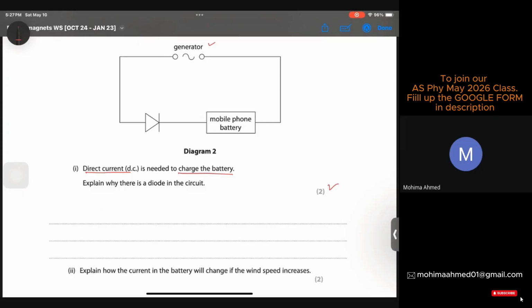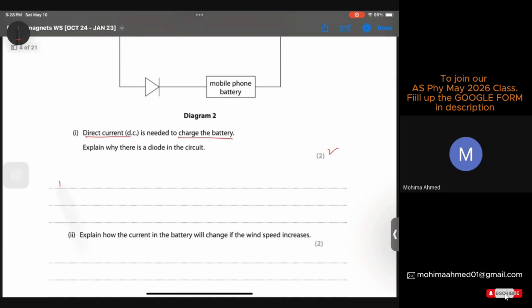So I'm going to say that yes, direct current is a current that flows only in one direction, and diode allows current to flow in one direction. Like diode is fitted over here to make sure that current is only traveling in one direction, right? That's the only thing you have to write.